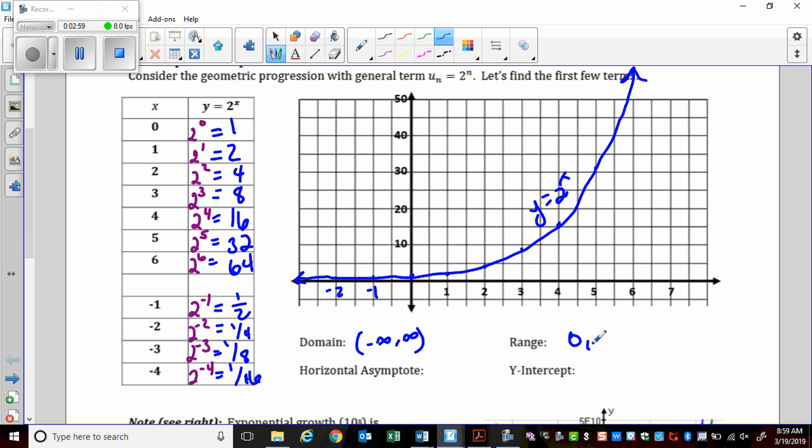So we're going to go from 0, because it's positive, up to infinity, but we can't ever actually touch 0, so there's no bracket there. The horizontal asymptote is going to be right here. This is when y equals 0. And the y-intercept is when x equals 0, which is 1. Our value is 1. So we write it as an ordered pair, 0, 1.